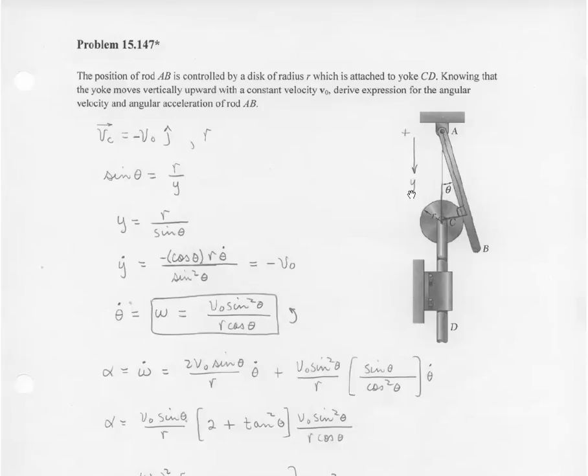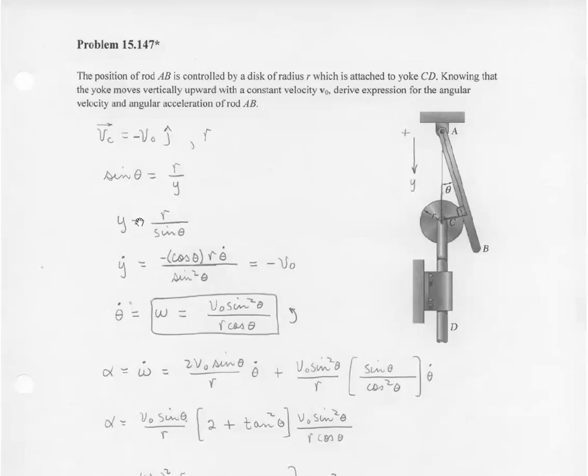Sine of theta is equal to R over my y position, y being a positive number, and that's why I measured it positive downward. So sine theta is equal to R over y, or y is equal to R over sine theta.